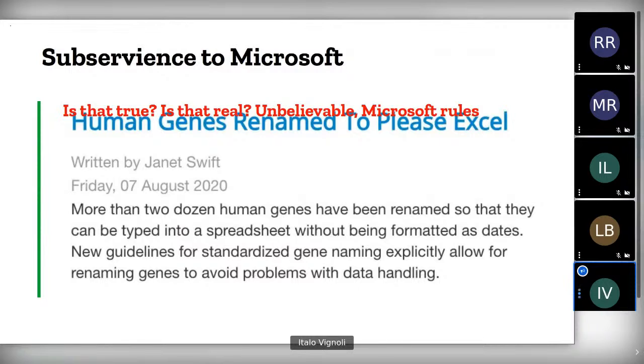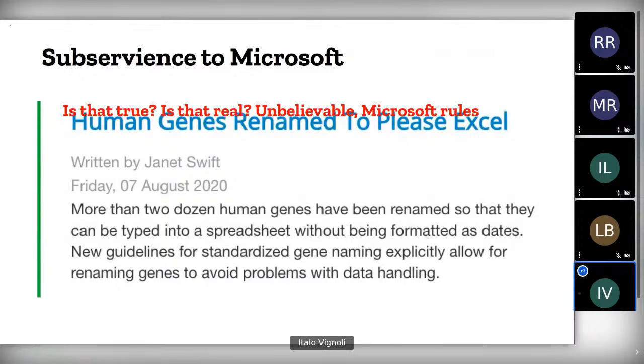So instead of having Excel being patched to accept names, the entire community, so basically 8 billion people, had their human genes renamed to please one single company. This is just unbelievable in terms of ethics.